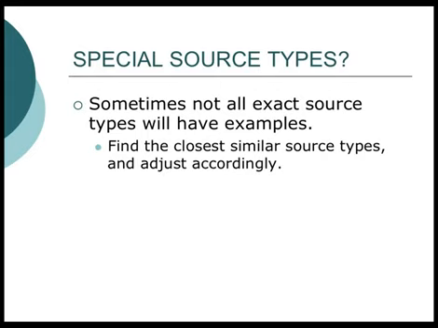So you want to find something that's similar and then adjust accordingly. So for example, if you had a corporate author but it was on the web rather than print, you would put the date of access at the end, and you would say that the citation type is web rather than print, if that makes sense.